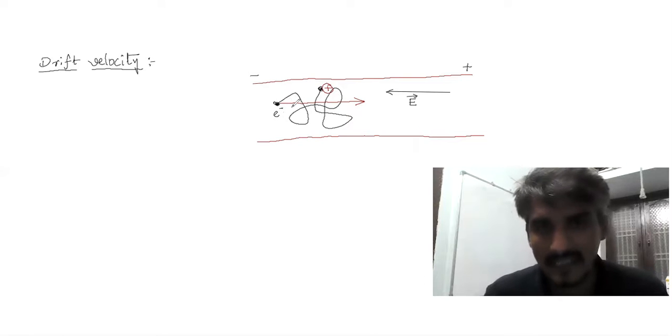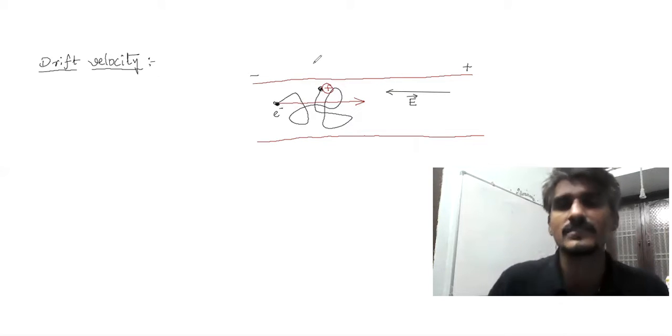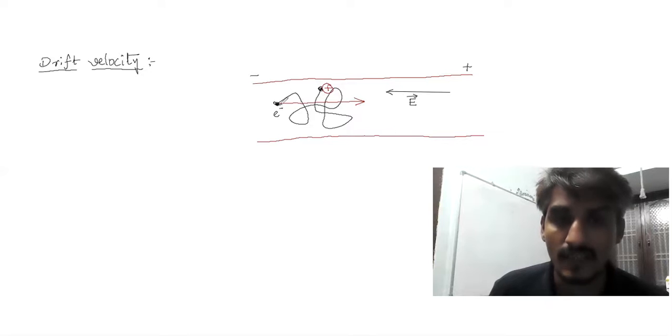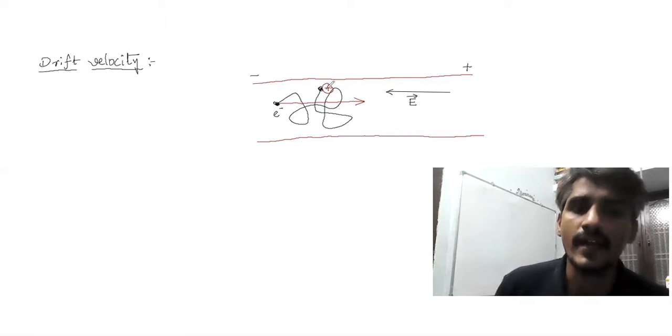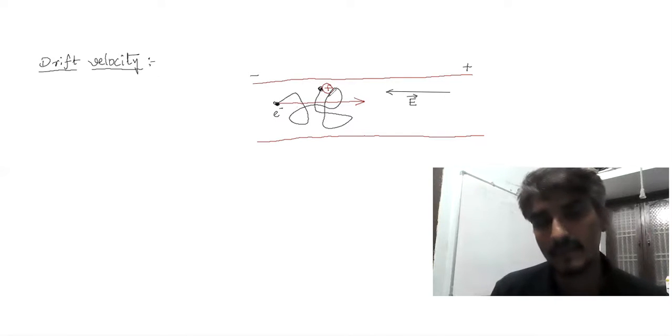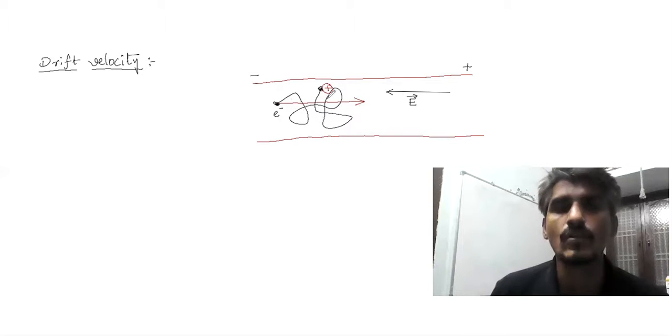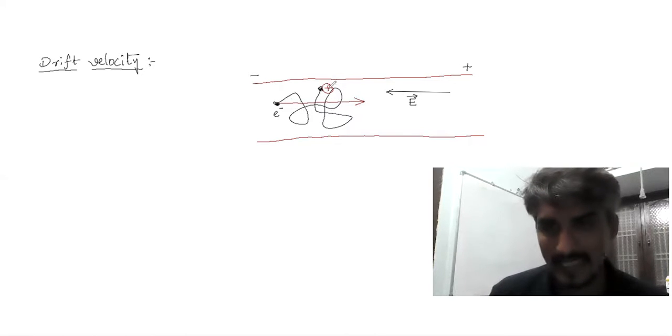Now if this electron is trying to move opposite to the direction of the electric field, immediately what happens? This lattice is positively charged and this electron is negatively charged, so it attracts the electron. The electron will go and be attracted to the kernel or lattice.